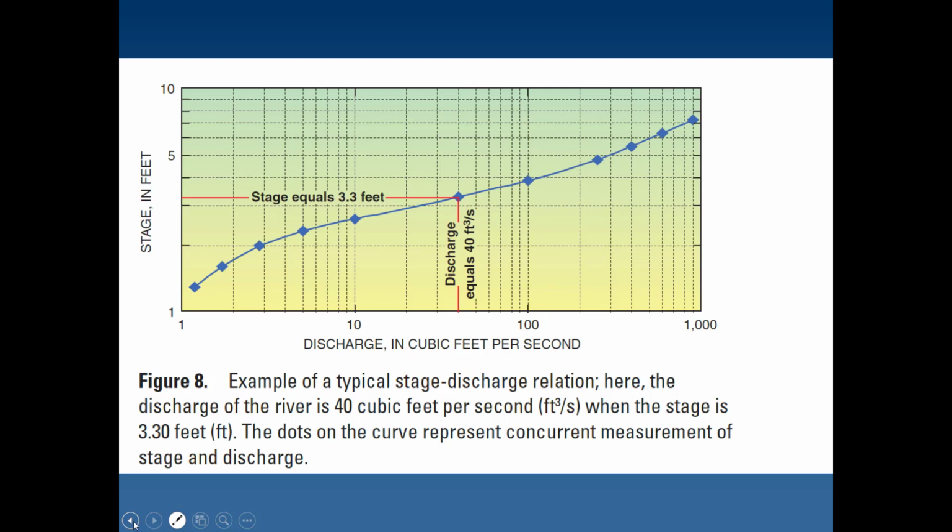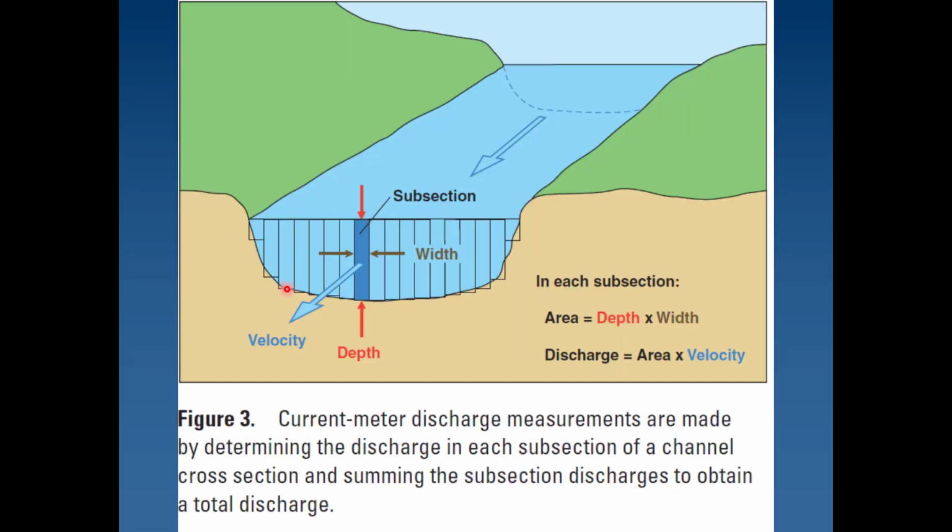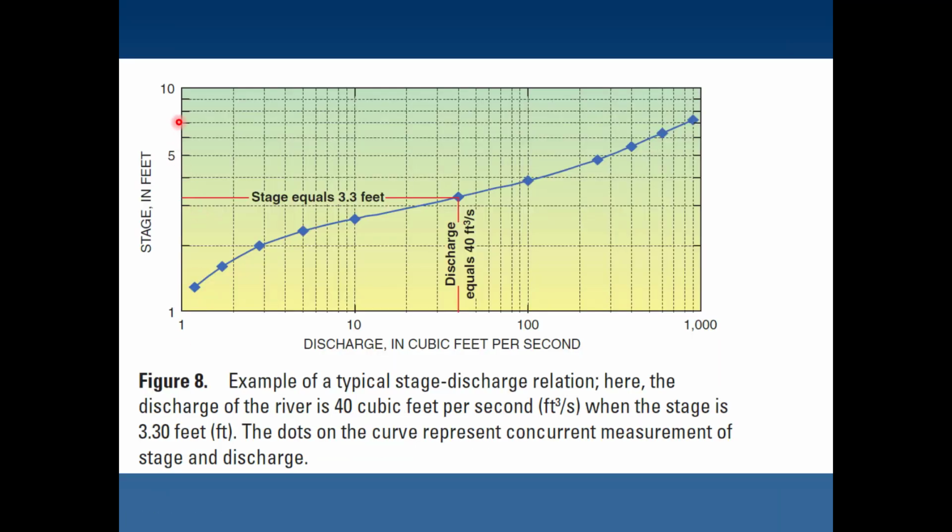So you could take a river like this and just put in a float of some kind, or a stream gauge, and say, hey, my stage is at 8 feet. Okay, I know if it's at 8 feet that I've got this much water flowing through the channel. It's kind of a simple concept, and again, there's some problems around these in the homework that I think will make this clear.